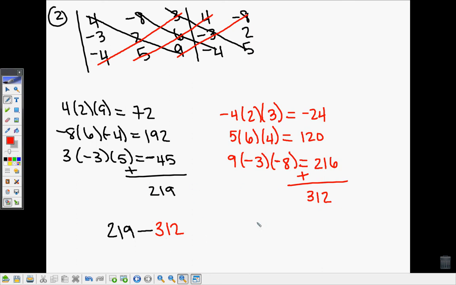Call it whatever you want, but that's how you do it. What do you get? Negative 93. Your answer to this whole problem is negative 93. So again, if you had taken 312 minus 219, you're not going to get the same answer. So you really have to pay attention to that. Pause this, look at it one more time, make sure you understand what you're doing. We'll do another one or two.